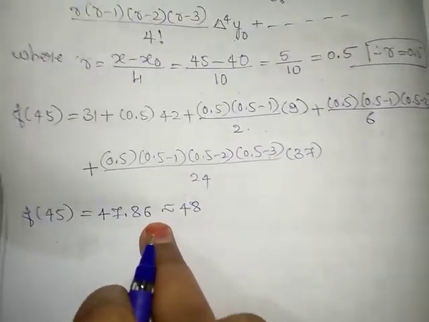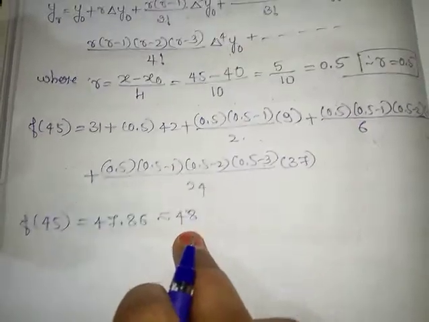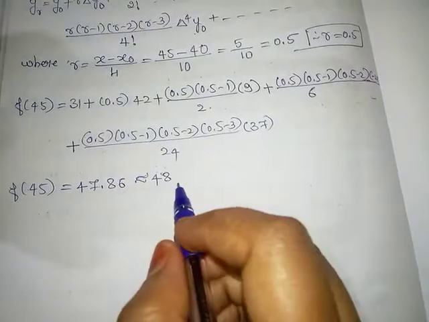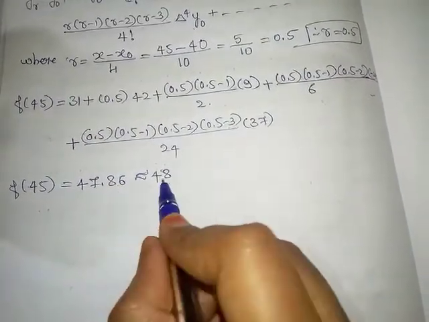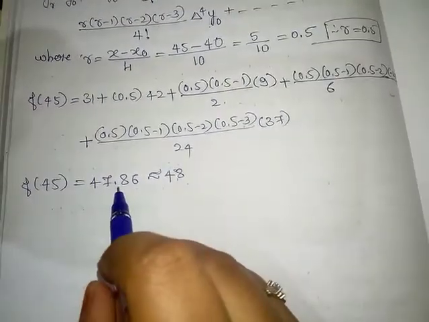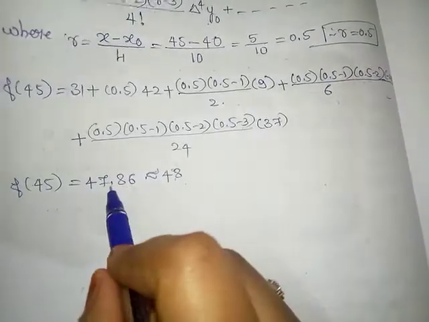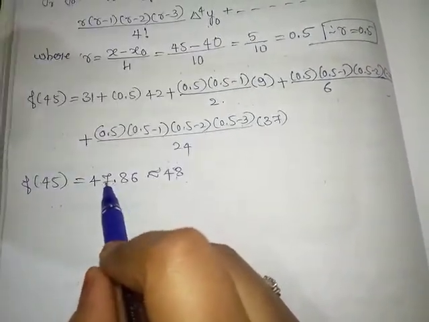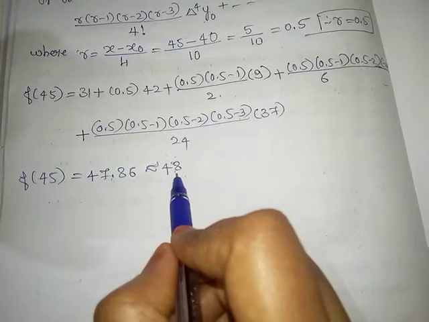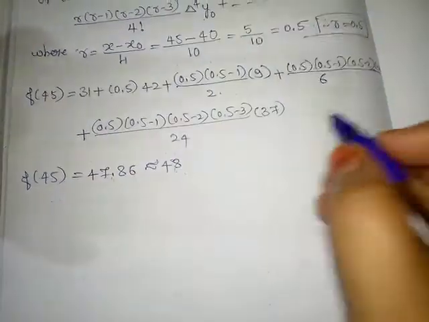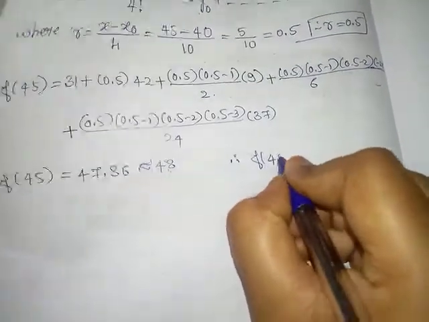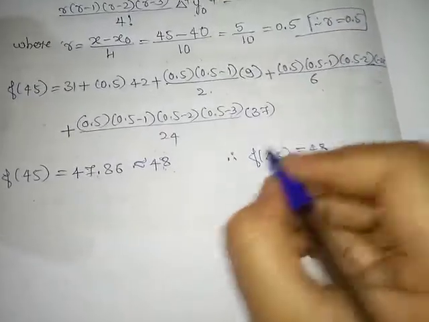Since we are finding the number of students, we can't count students in the form of fractions, so we take this value, 47.86, as numerically equal to 48. Therefore, f of 45 is equal to 48.